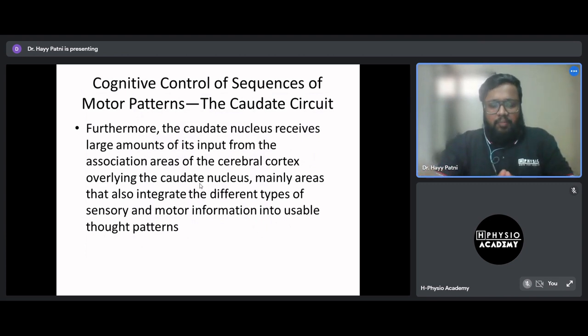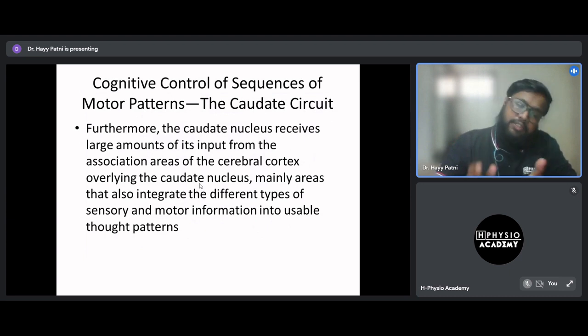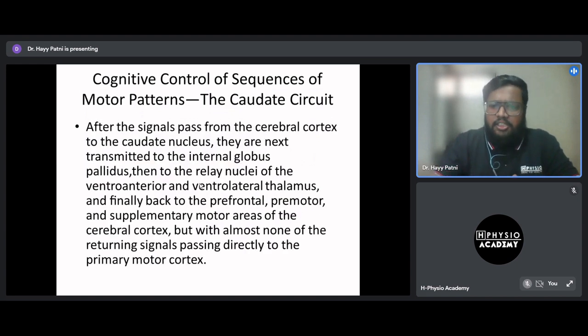So it gets a large amount of input from the association areas of the cerebral cortex overlying the caudate nucleus, mainly areas that integrate different types of sensory and motor information into usable thought patterns. After the signals pass from the cerebral cortex to the caudate nucleus, they are transmitted to the internal globus pallidus.